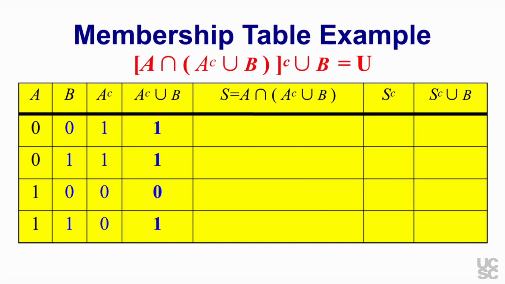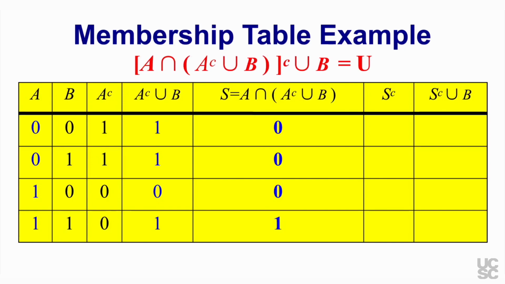Similarly, for this intersection of A with this union, which I call for shorthand S, we take the intersection of A with the union of B with the complement of A, and we obtain this membership. And notice that the membership in this intersection happens only when the elements are in A and also in this union. And that's what you see, 1 for membership only in the last row.